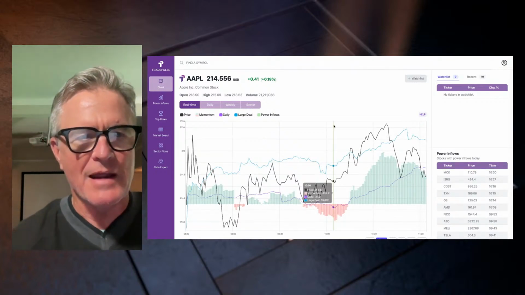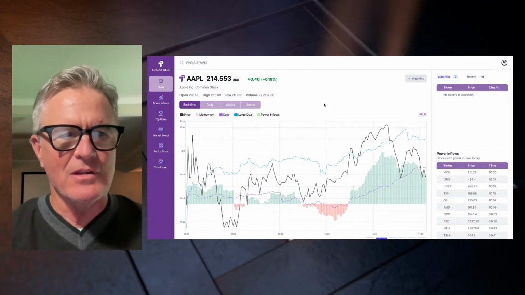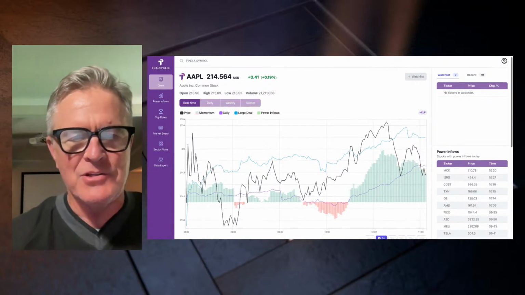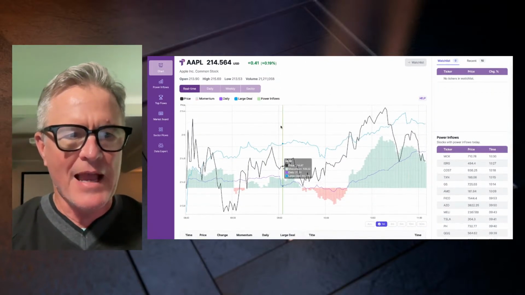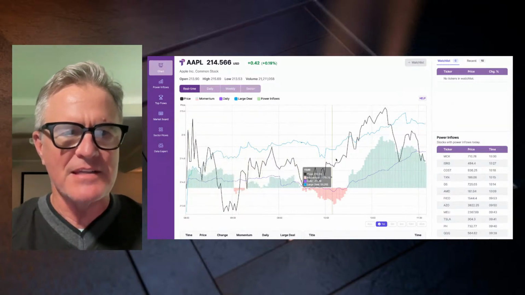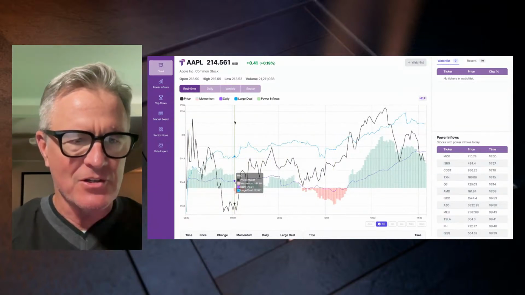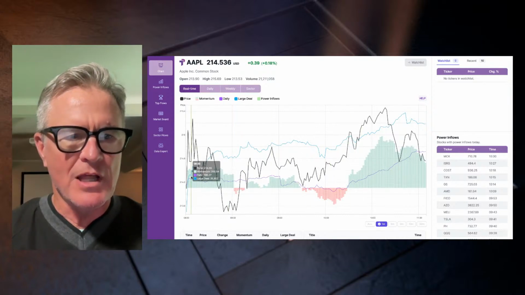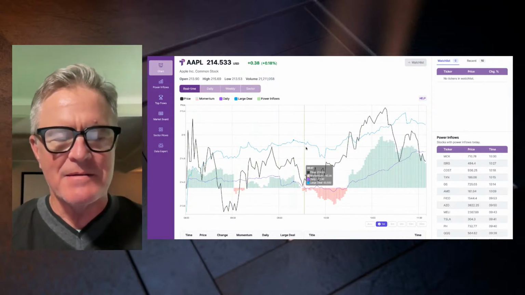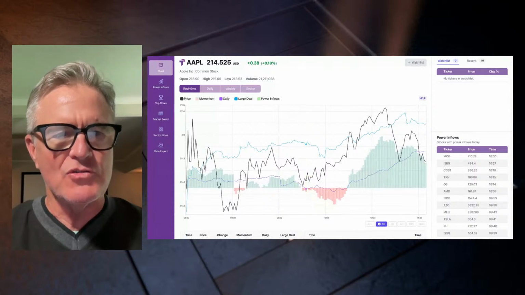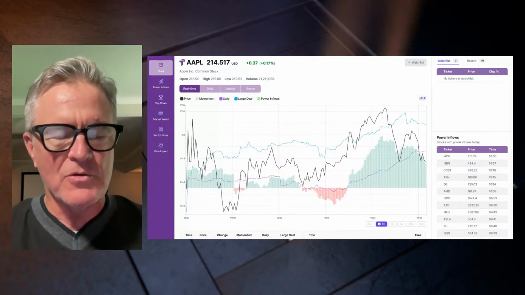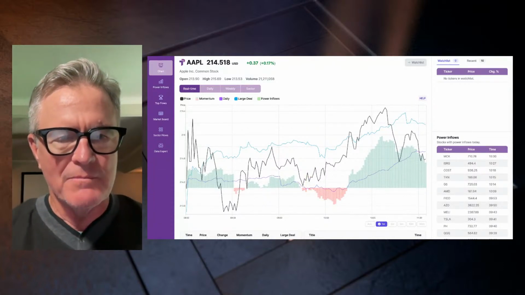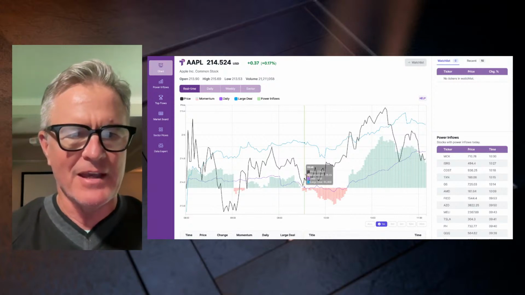So what you're looking at right now, I just want to show you how you can use our system. And just to refresh quickly, the black line represents the price of the stock. This is Apple today. This is a live screen, actually. The blue line you see here is the order flow from institutional large flows, from institutional orders, mutual funds, hedge funds, that kind of thing.